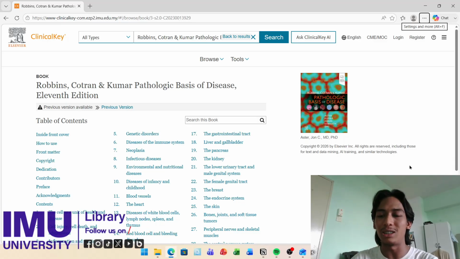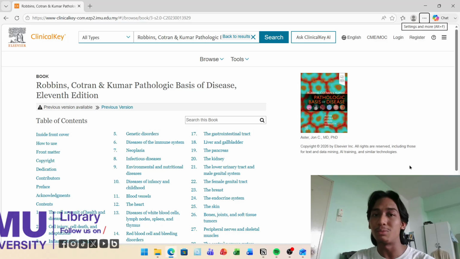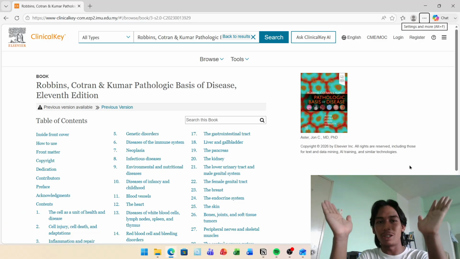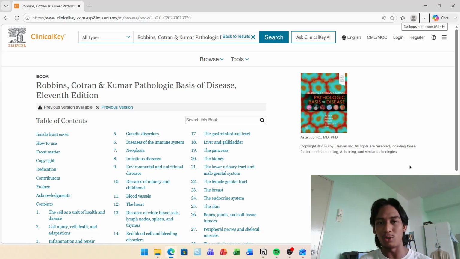The systemic pathology section then goes into organ-specific diseases. So we start off general, with a very wide scope, and then we zoom into narrow and very specific topics. This includes the cardiovascular, respiratory, gastrointestinal, and endocrine systems. Each chapter integrates etiology, pathogenesis, morphology, and also clinical features.